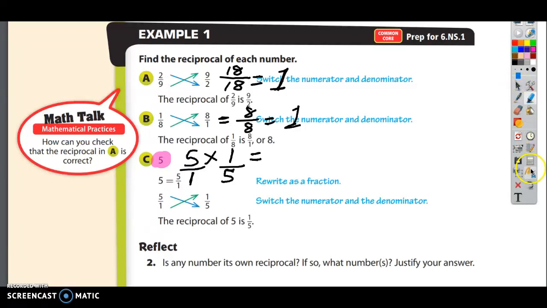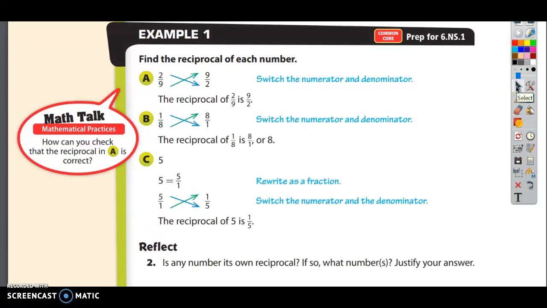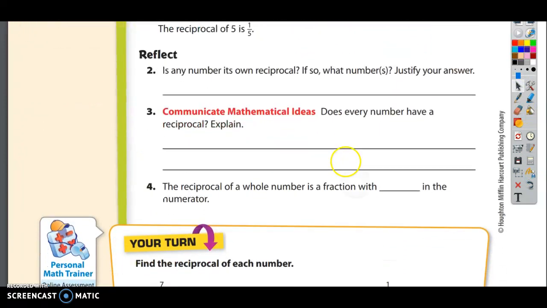All right, so let's go check out a couple of reflect questions. Is any number its own reciprocal? Remember what reciprocal means is when you multiply it to get a product of 1. So what times 1 would equal 1? Well, that's just 1. Is any number its own reciprocal? Yes, 1 is its own reciprocal.